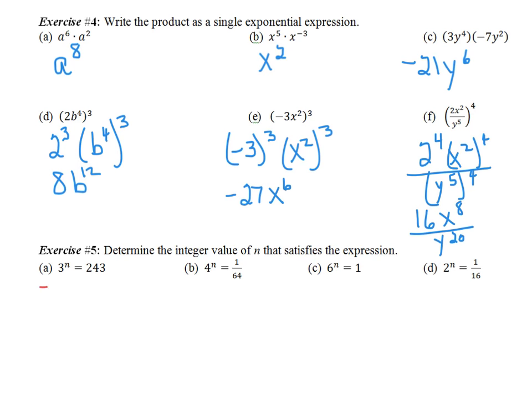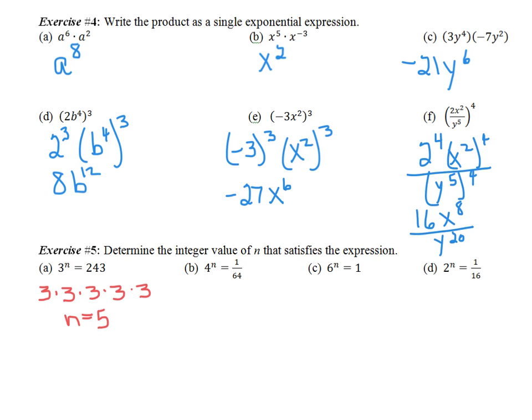So if I start by multiplying, I know that 3 times 3 is 9, times another 3 gives me 27, times another 3 gives me 81, times another 3 gives me 243. So that means that I have used 5 factors of 3, so my exponent must have been a 5.